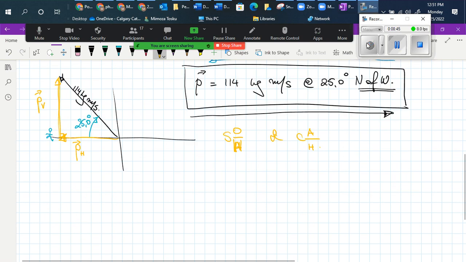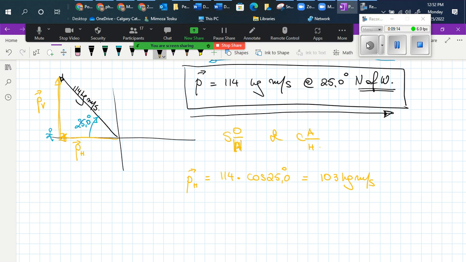So in order to find the horizontal component, since it is the adjacent of the 25 degrees, it will be cosine, so 114 times cosine 25 degrees. And I have an answer here saying that it is 103 kilogram meters per second.